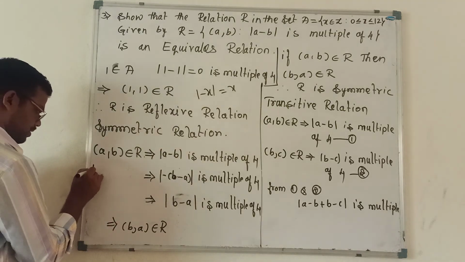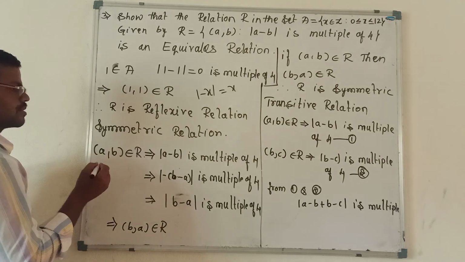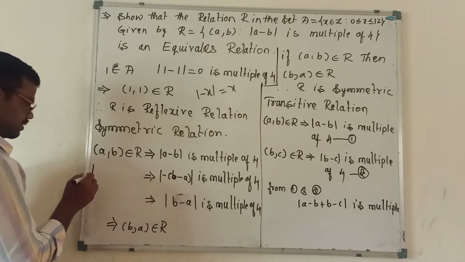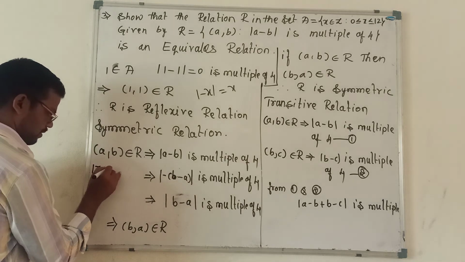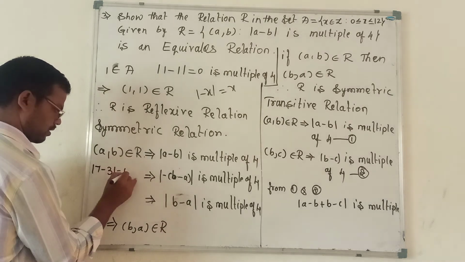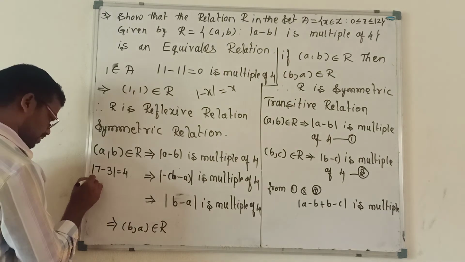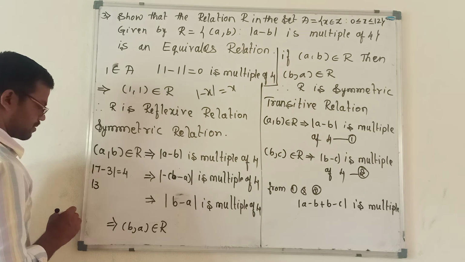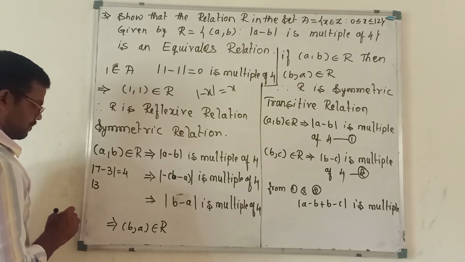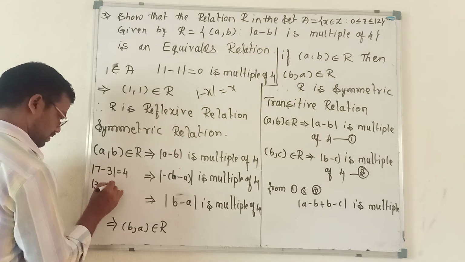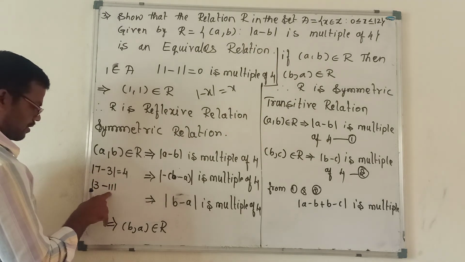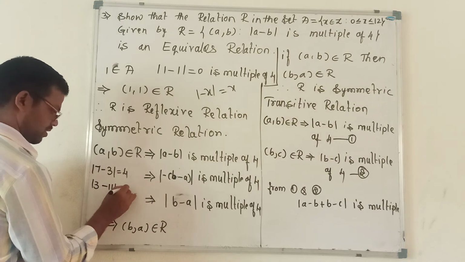For example, we will take 7 minus 3. 7 minus 3 is 4, a multiple of 4. Then 3 minus 11 is 8. 8 is also a multiple of 4.